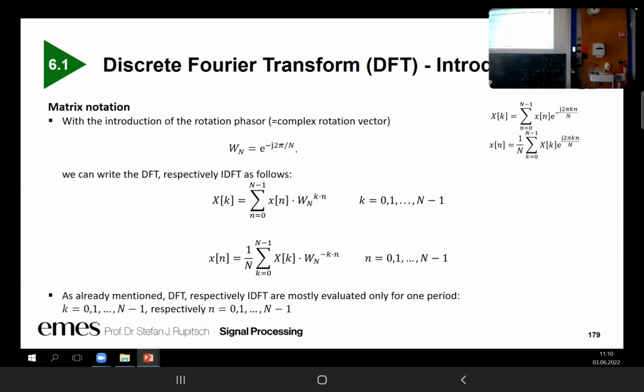So, why is it called a rotation phasor? Yeah, because it's the complex part. If we have an exponential function with arguments containing j, then it's something like a rotating pointer, and in this case we call this rotating pointer a rotating phasor.